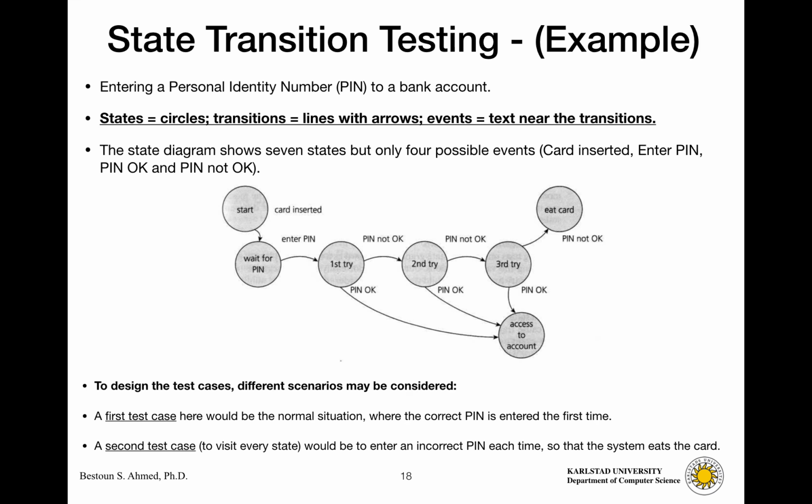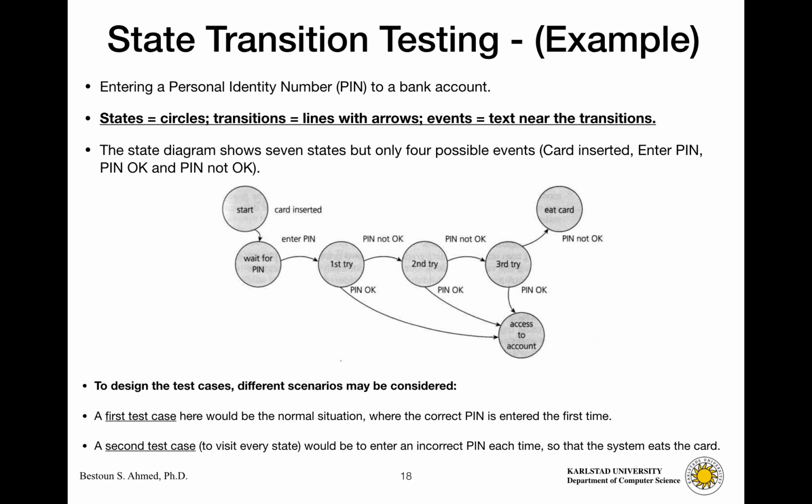Now, for example, you can see this graph, which is a simple finite state machine, a state transition graph, and we have states, which are the nodes or the circles, and transitions, which are the arrows or the lines between the nodes.